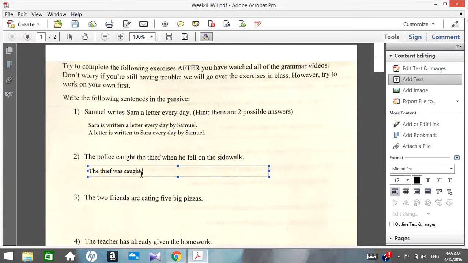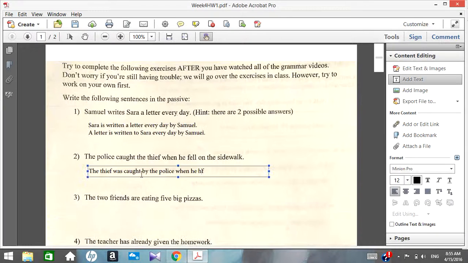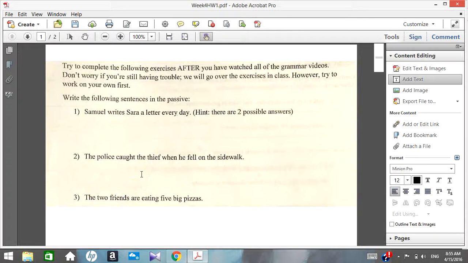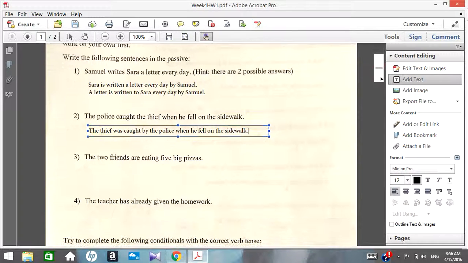And then I have my by phrase, by the police when he fell on the sidewalk. So I just put all of this and it stays in the same place, stays at the end. So the only thing that you have to move around is the subject, the verb, and the object in that sentence. So don't get scared if you see that.